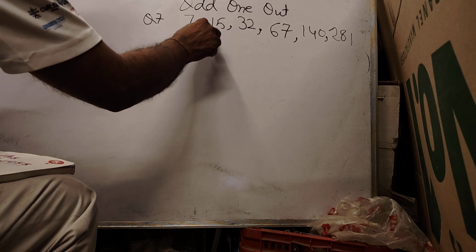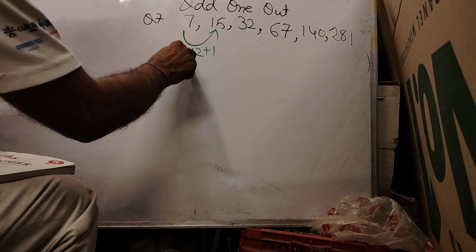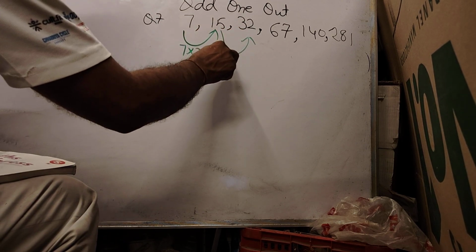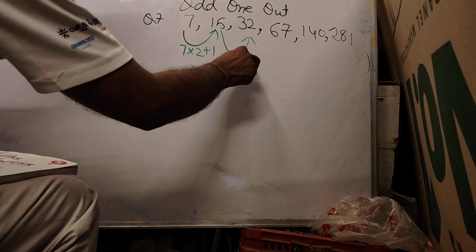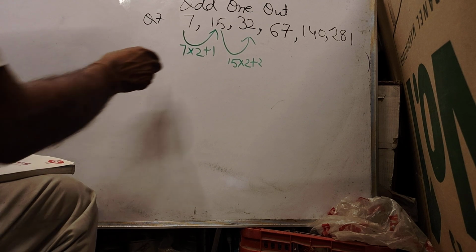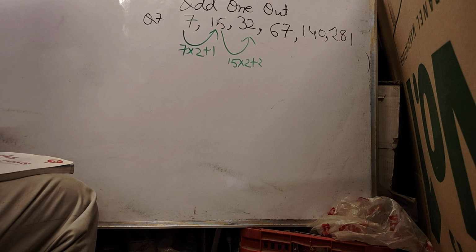Now look, 7 multiply 2 plus 1, 15. 7 to the 14 plus 1. 15 multiply 2 plus 2. I think it is a 7. This is 7. So double of 7 then plus 1.